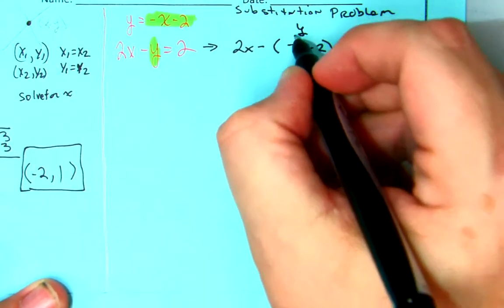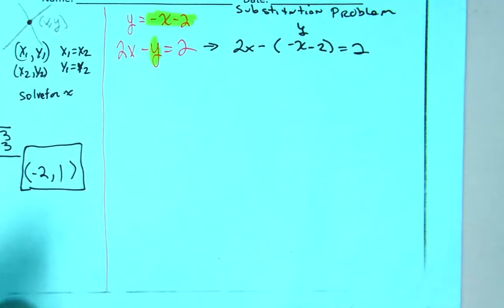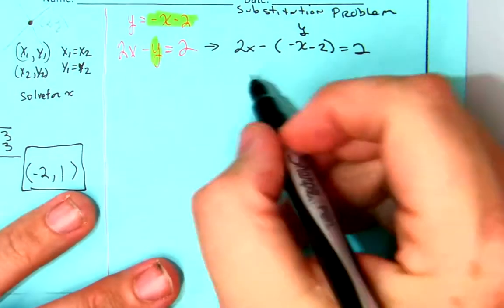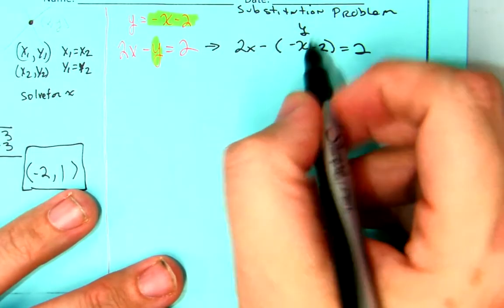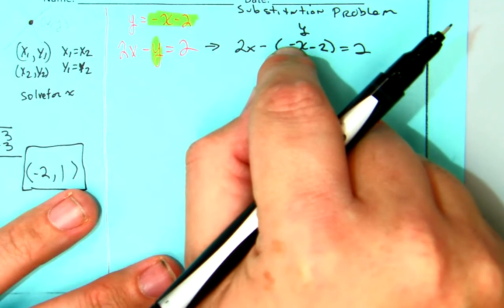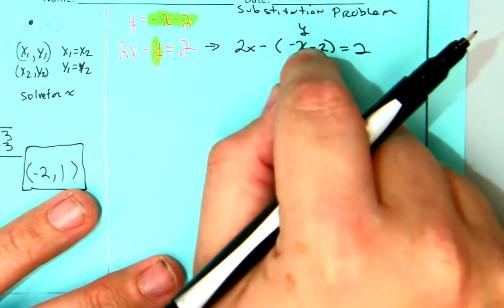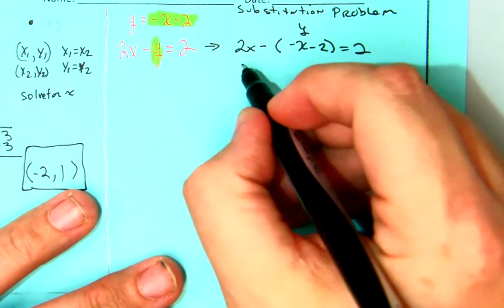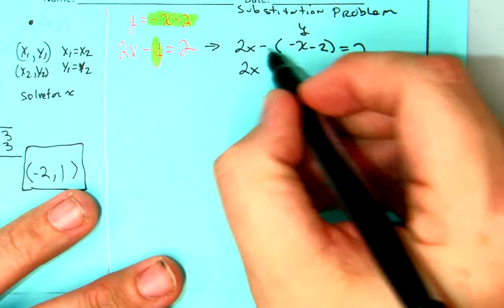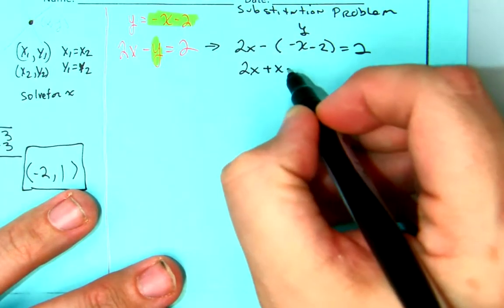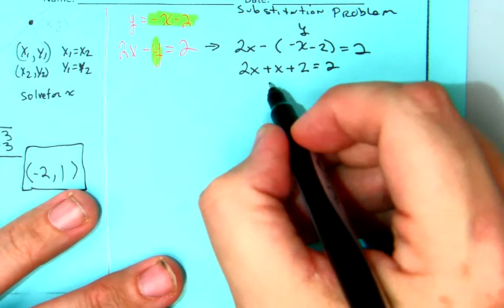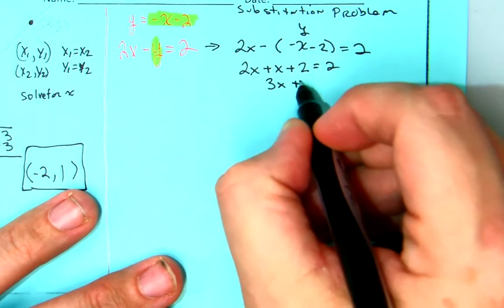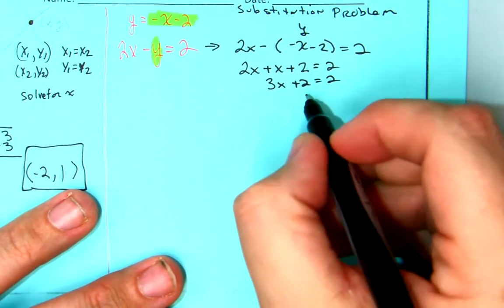So that was my y value, and I just substituted in from the first one. Now I have to distribute a negative sign, which means it's going to change the negative x to a positive x, negative 2 to a positive 2. So I'll get 2x plus x plus 2 is equal to 2. So I'll get 3x plus 2 is equal to 2.